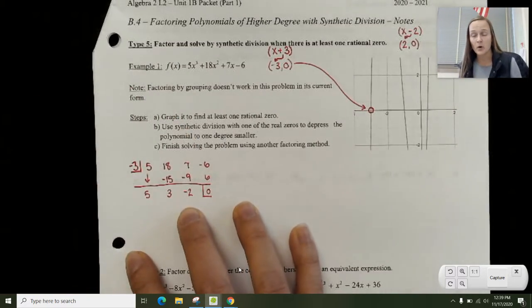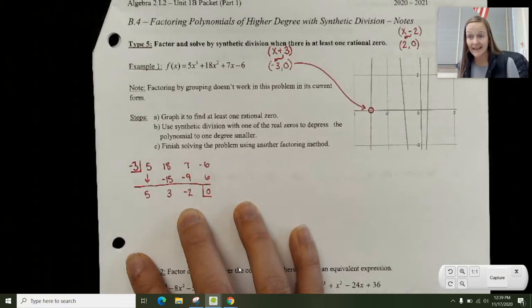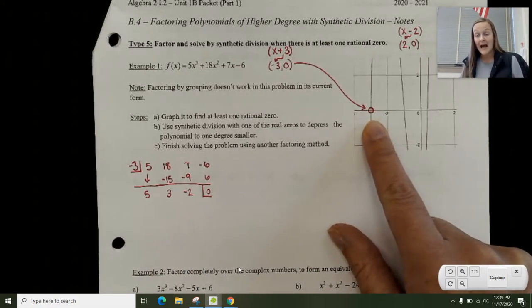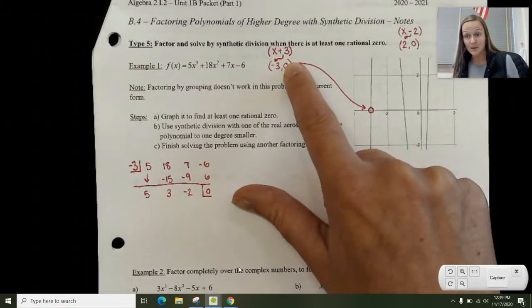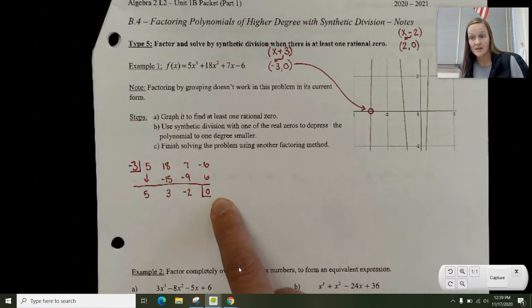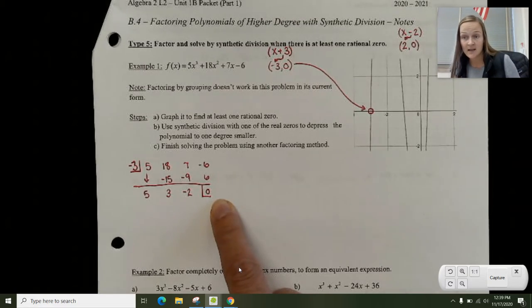One thing that's really important when you're using synthetic division like this, because I know that -3 is a root, I know that x plus 3 has to be a factor. So if I don't get 0 as a remainder right here, I know I probably did something wrong. Maybe I chose a wrong zero that doesn't actually exist. Or maybe I did something wrong in synthetic division.